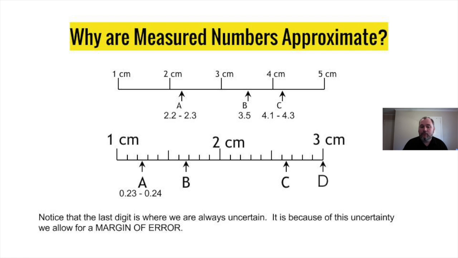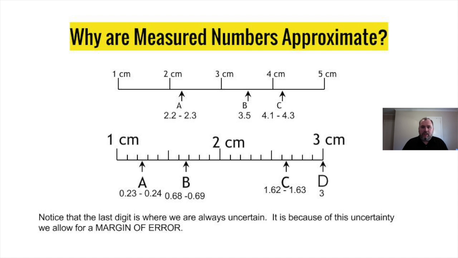And it's the same thing with B, C, and D. Now D, we're a little bit more confident that it's exactly 3. But what if that arrow was slightly to the left or slightly to the right? It's not exactly on the 3 mark, but it's close enough that we'll call it 3.